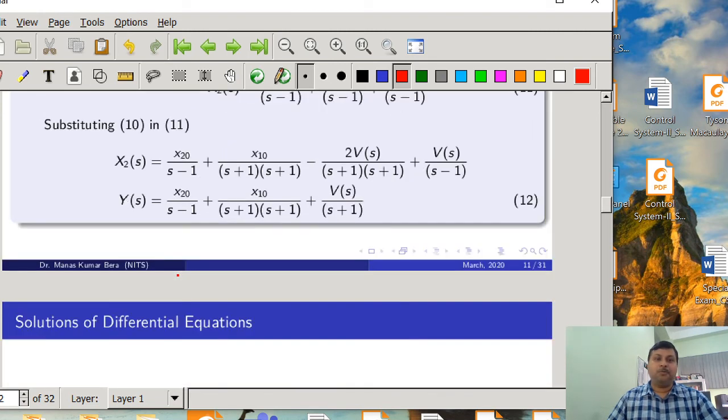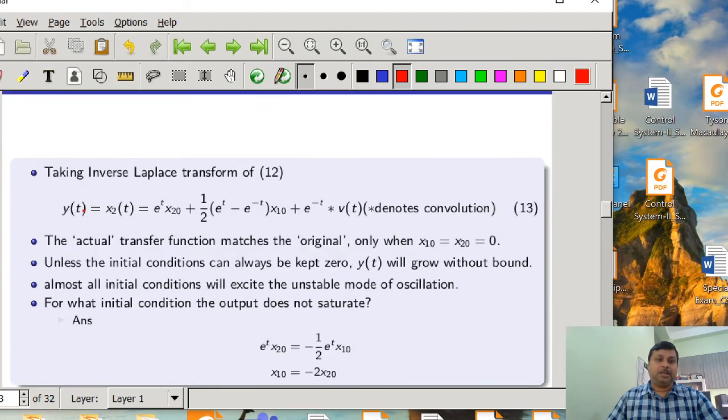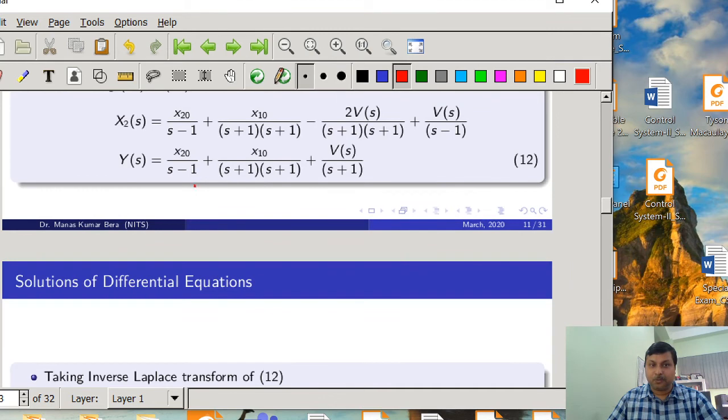Now if you calculate the output in the time domain by taking the inverse Laplace transform of equation 12, you will find that y(t), which is x2(t), is equal to e to the power t times x2(0), because it is s minus 1.